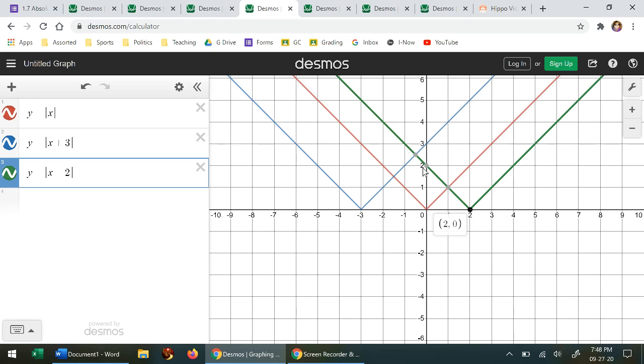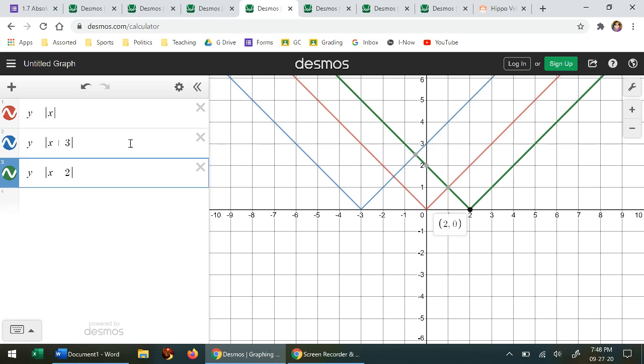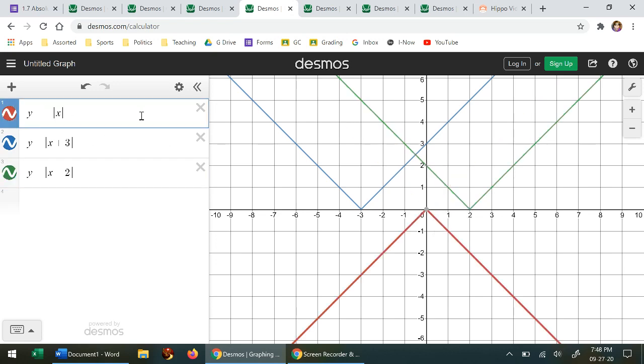One more thing we need to take a look at is what happens to absolute value when we put a minus sign in front. Let me go back to this one. If I put a negative sign in front of this, it flips it upside down over the x-axis. That means this function opens down, and this vertex is now a maximum point.